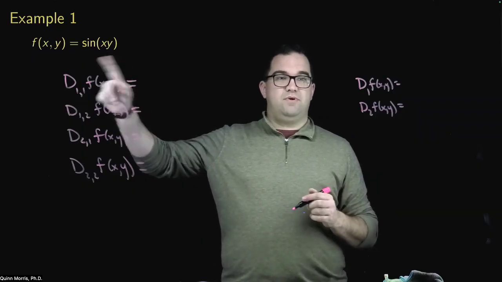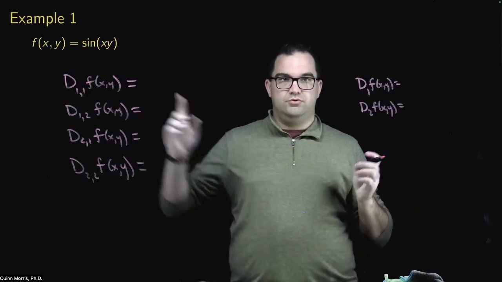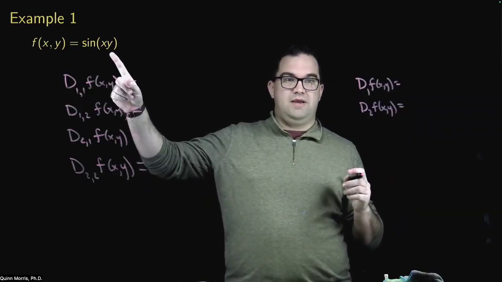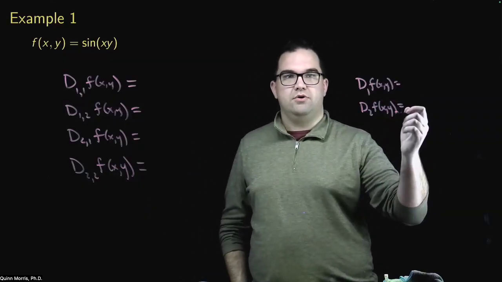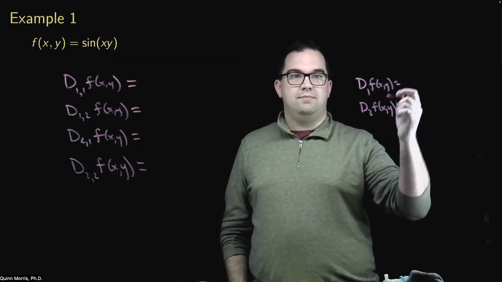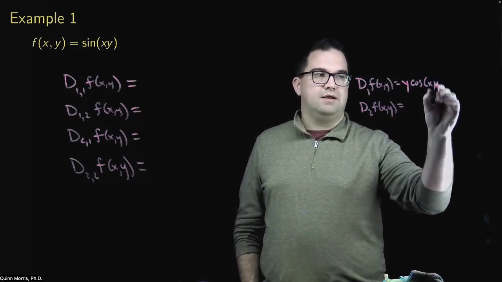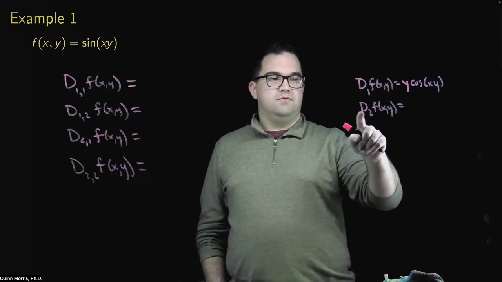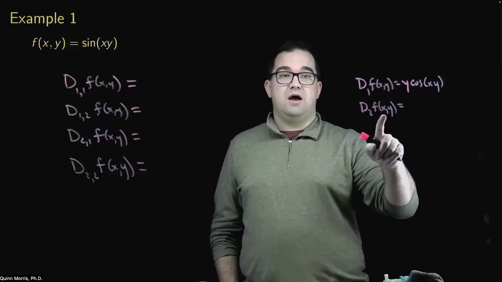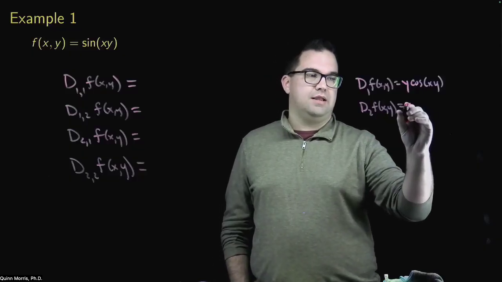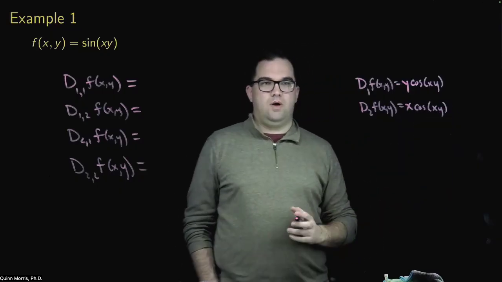And one of the things we saw previously is that if I'm taking partial derivatives, it's totally valid to consider y to be a constant, x to be the variable, and take the derivative that way. So here, if I let y be a constant, I'll get y cosine of x y. For d2 f of x, y, that's the derivative with respect to y. Now I pretend x is a constant, so I just get x cosine of x times y.